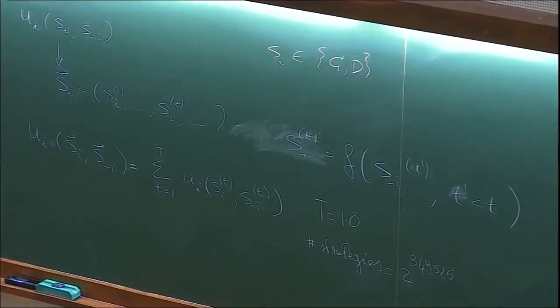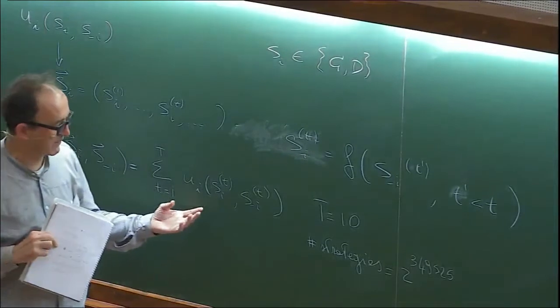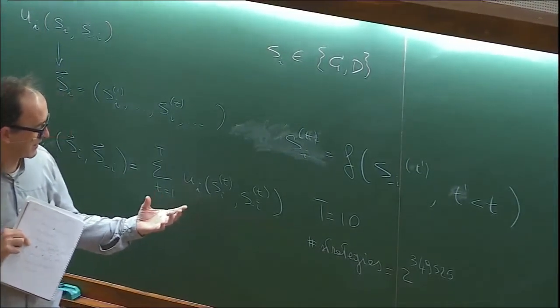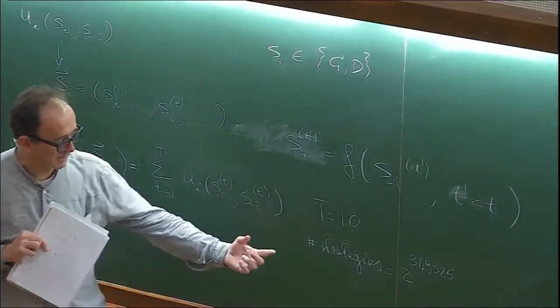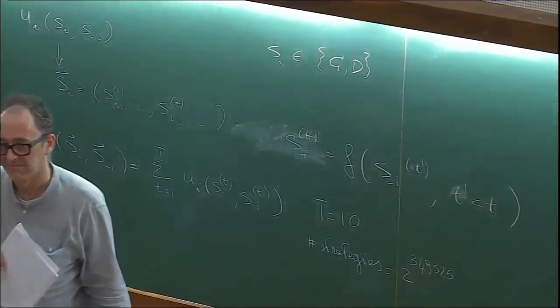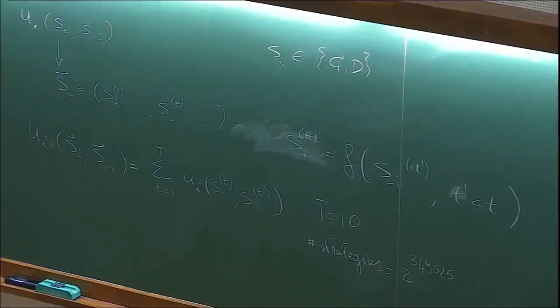So it's a huge number. If you want to specify the behavior of both agents, you will have the square of this. So it's a huge number. But again, you can think of looking at this huge matrix and finding the Nash equilibria.